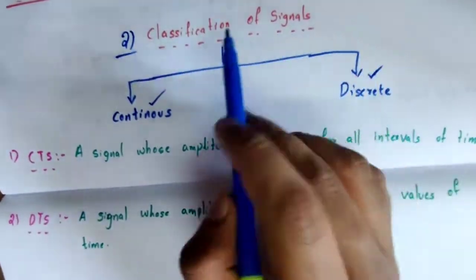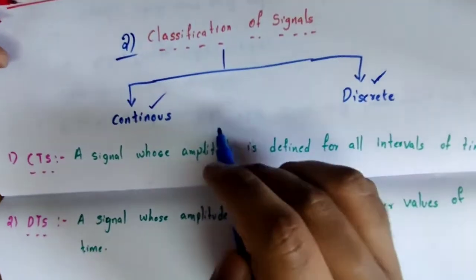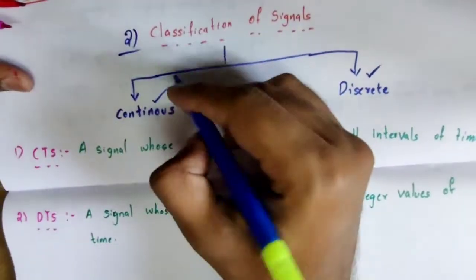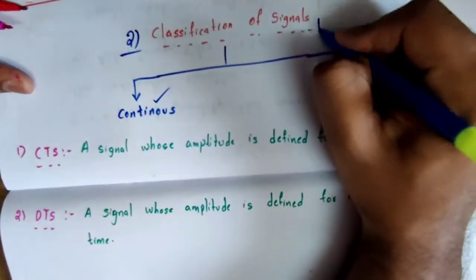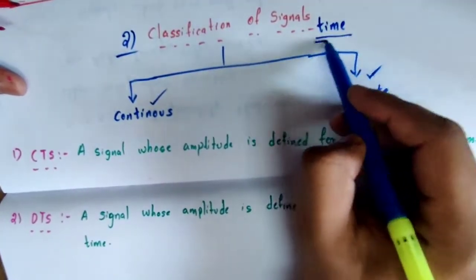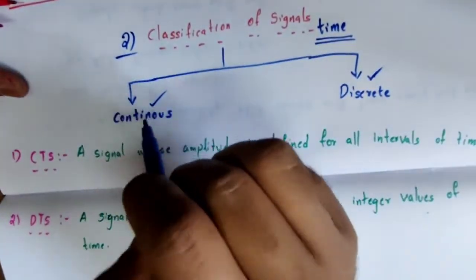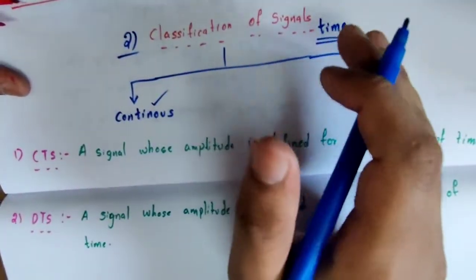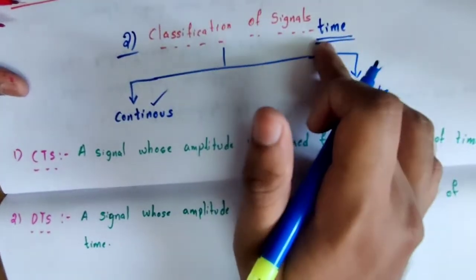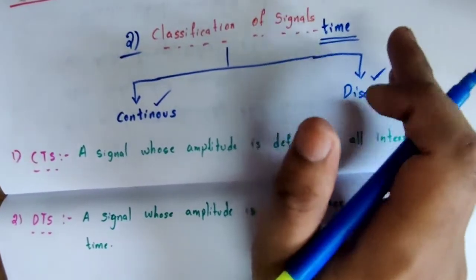Even in one dimensional signals, whatever we are discussing, the independent variable must be time. So only the signals which are varying with respect to time, those only we will be covering in our BTech signals and systems subject.